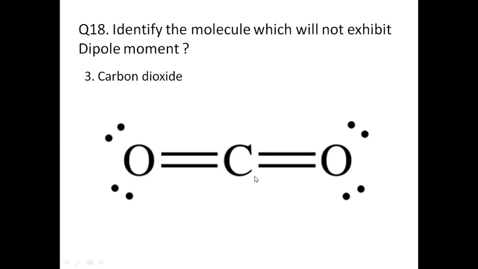You can see carbon has a certain electronegativity and oxygen has a certain electronegativity, but these get cancelled out, because the carbon is equally attracted from the right side and the left side. So due to this equal attraction of electrons, the electronegativity gets cancelled out, and carbon dioxide will not exhibit dipole moment.